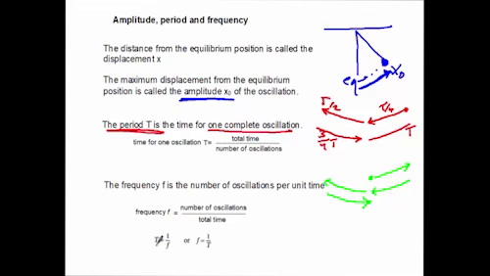So time period is equal to 1/f, or f equals 1/T. The unit for the time period is second as SI unit. For the frequency, it will be 1/second, or we can write it second to the -1, and this is equal to hertz as the unit of frequency.